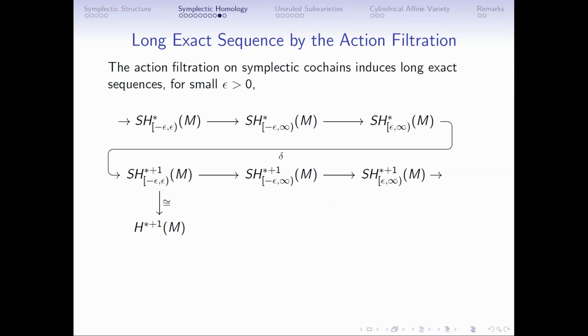Roughly speaking, it is a Morse critical point with gradient trajectories inside. When the Hamiltonian is almost zero, they become the original Morse homology.